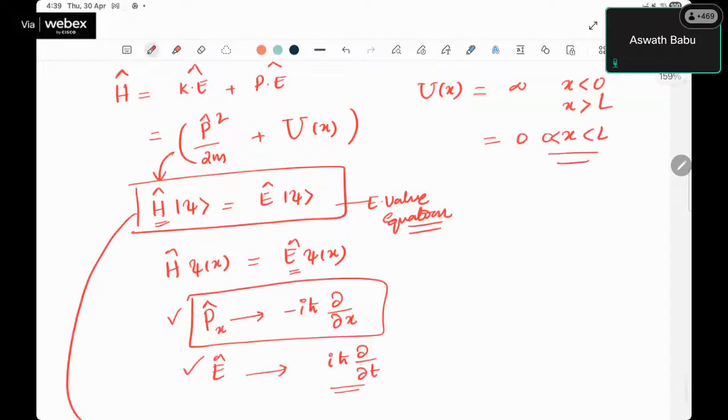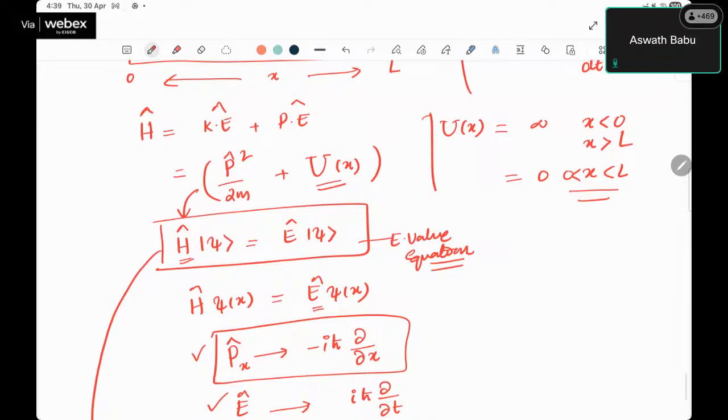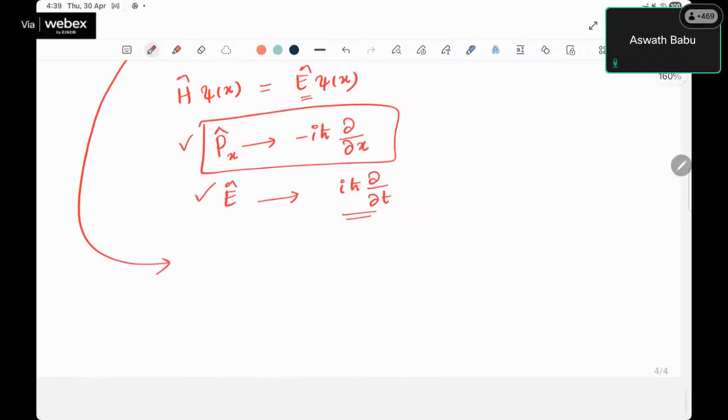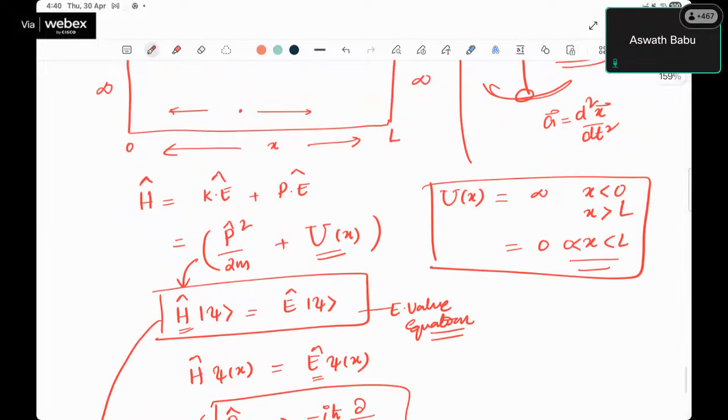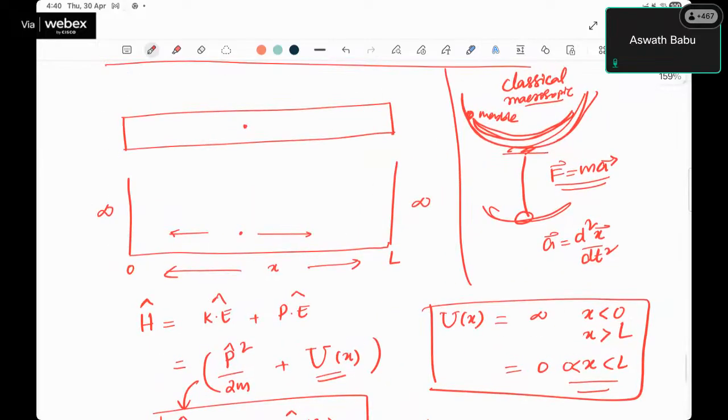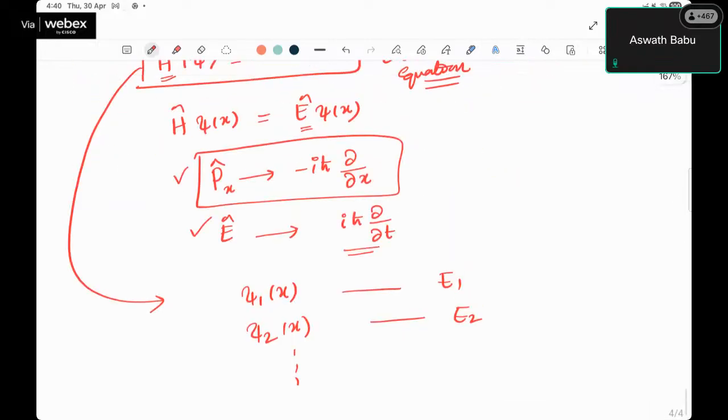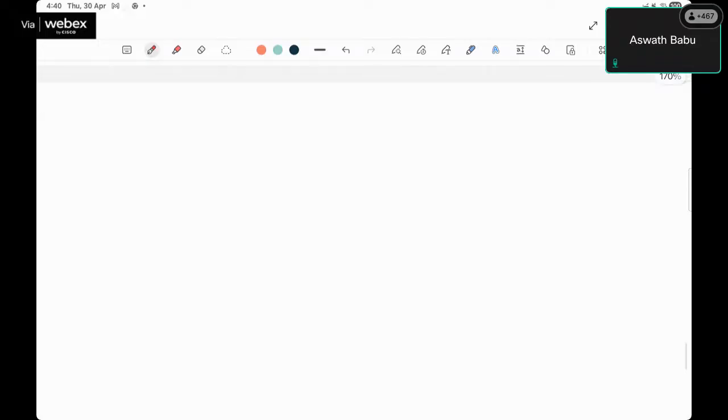For a given potential energy, if I solve this, I'm going to get some solutions. Let's say I get psi1 of x which exists with energy E1, psi2 of x with energy E2, and likewise so many energies and so many quantum states are going to exist. If I plot these quantum states with respect to position, what happens?